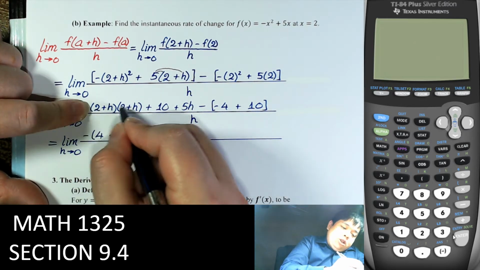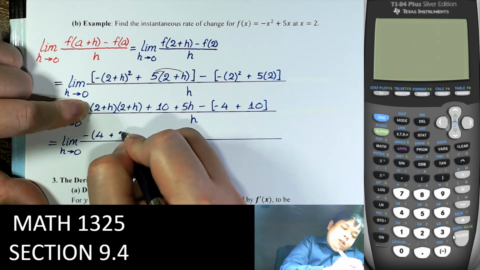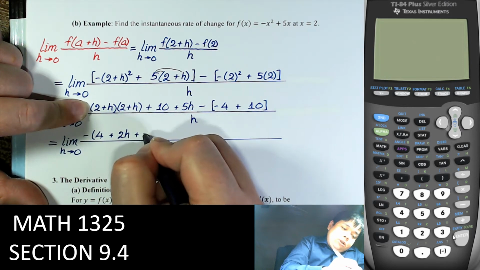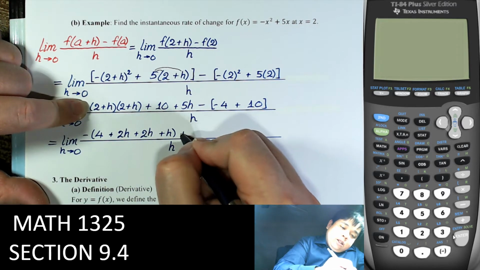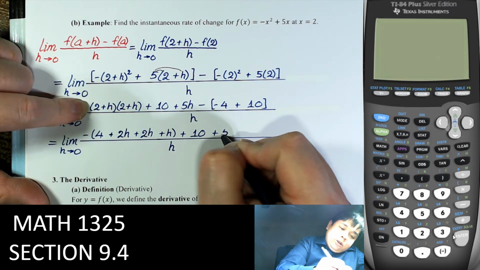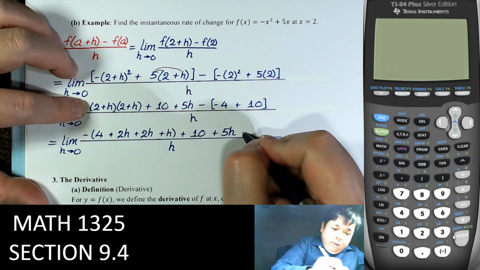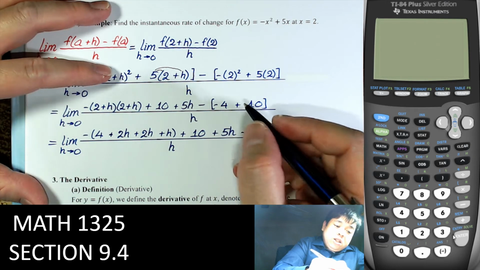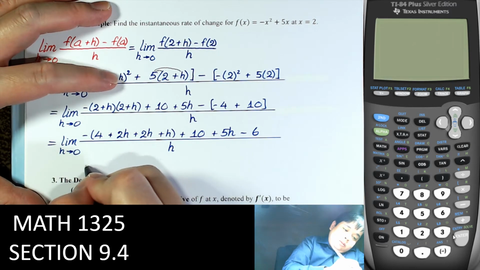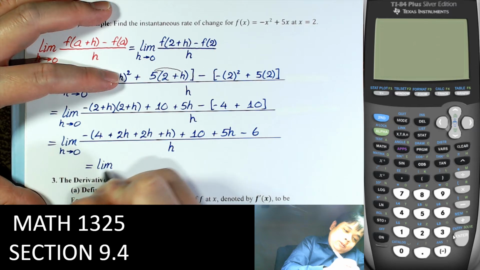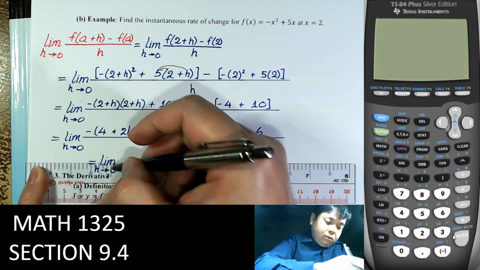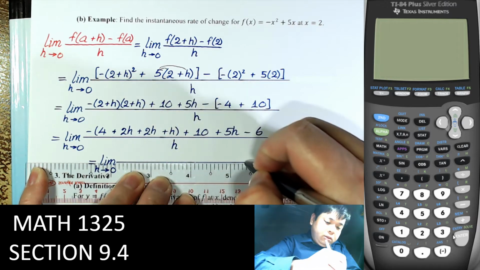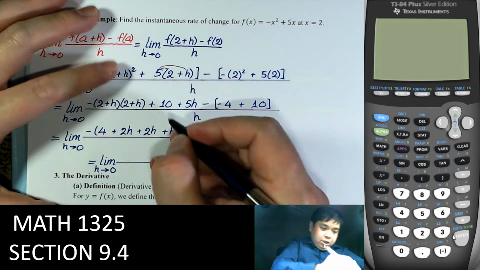Just multiply it out: 2 times 2, 2 times h, h times 2, h times h, plus 10, plus 5h, minus, that would be 10 minus 4 is 6. This is h squared, sorry, h times h.